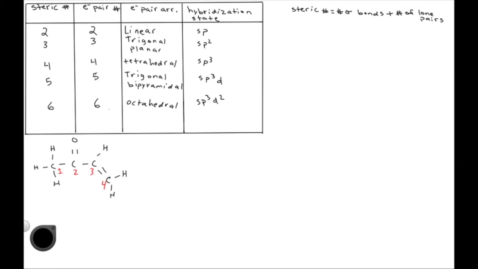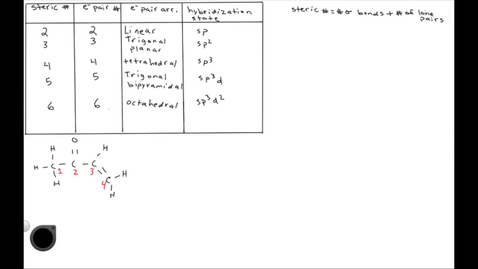So for carbon 1, we have 4 electron pairs because we have 4 single bonds: 1, 2, 3, 4, giving us a steric number of 4. And if you remember, the steric number is equal to the number of sigma bonds plus the number of lone pairs.